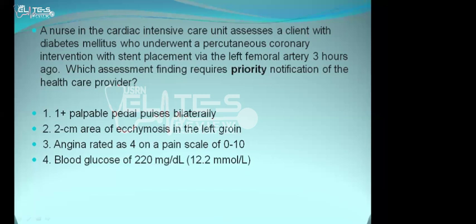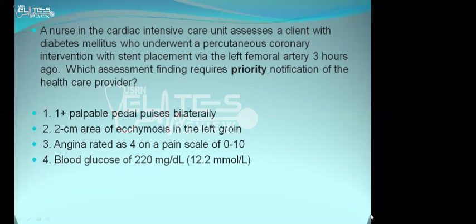Let's hear from Anita. Yes, Anita, you can unmute and talk to us. Okay, so I want to try. Yes, try. I'm thinking I'll go for number 2. Okay, so why 2? I don't know, but maybe a form of bleeding.